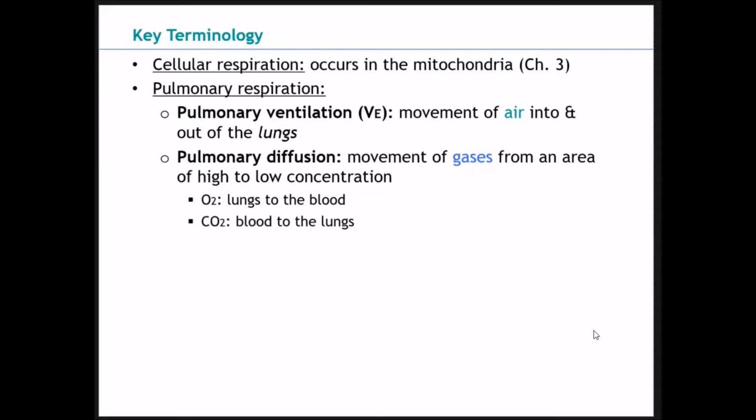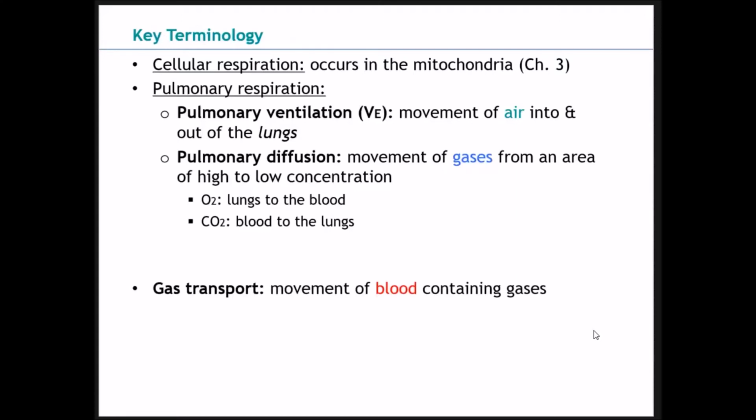And then the opposite direction is carbon dioxide in the blood, inside the capillaries surrounding the alveoli, and that's going to move into the lungs so we can exhale it. So simple definition, pulmonary diffusion is just the movement of oxygen in the lungs to the blood and the movement of carbon dioxide in the blood to the lungs.